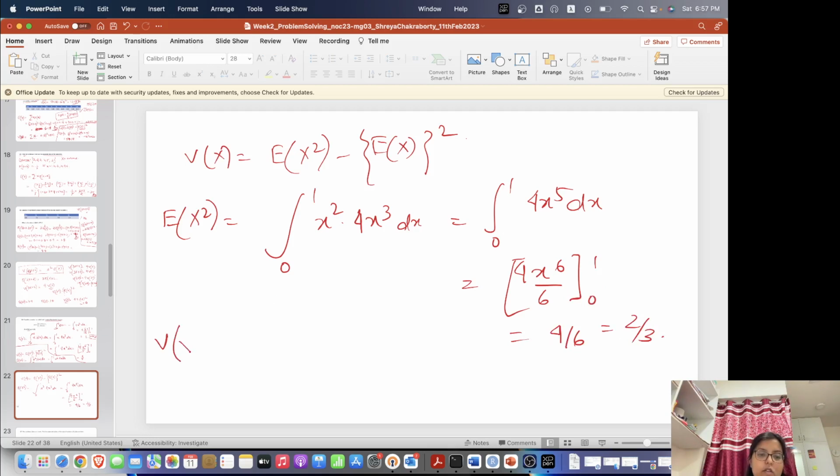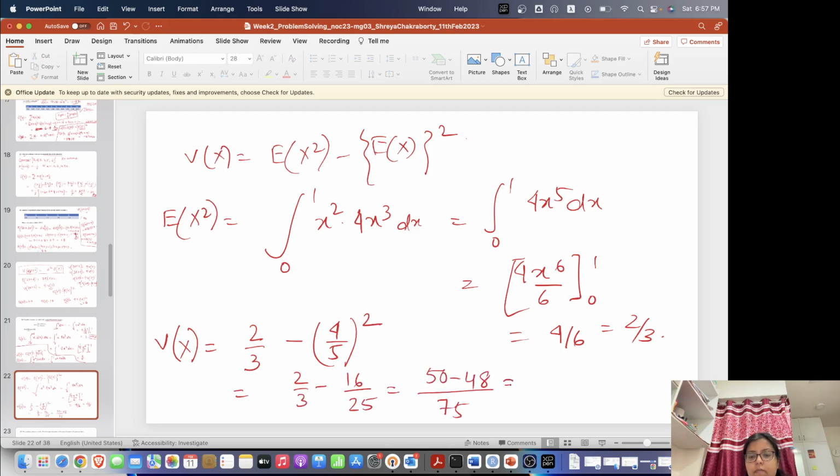So then variance of x becomes expectation of x square, that is 2 by 3, minus expectation of x, which was 4 by 5, whole square: 2 by 3 minus 16 by 25. This is the answer.